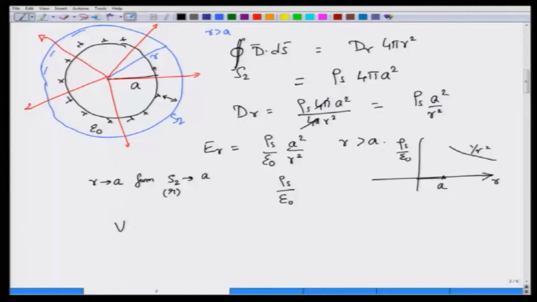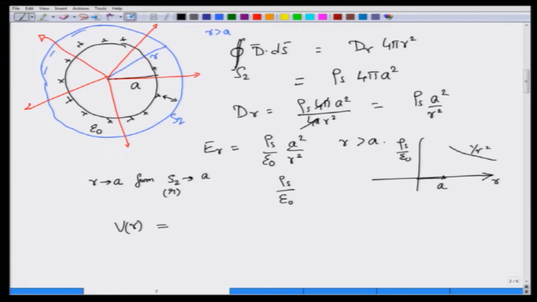Now, what about the potential V of r? We know that the potential and electric field are related to each other. The potential for an electric field which goes as 1 by r square will go as 1 by r, similar to the point charge potential that we have seen.